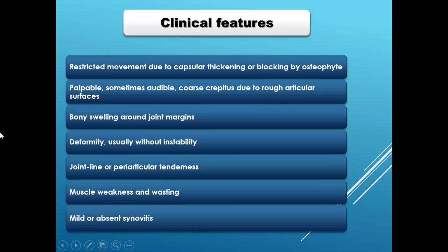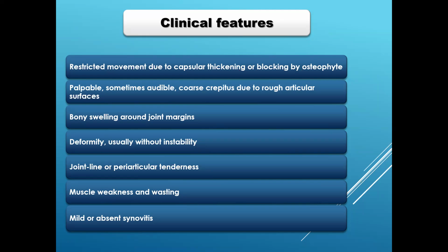Other clinical features are restricted movement due to capsular thickening or blocking by osteophytes. Sometimes there is audible coarse crepitus. You will hear a screeching sound, indicating that there is a rough articular surface. The former smooth articular surface is now rough, and the bone articular surfaces are rubbing against each other.